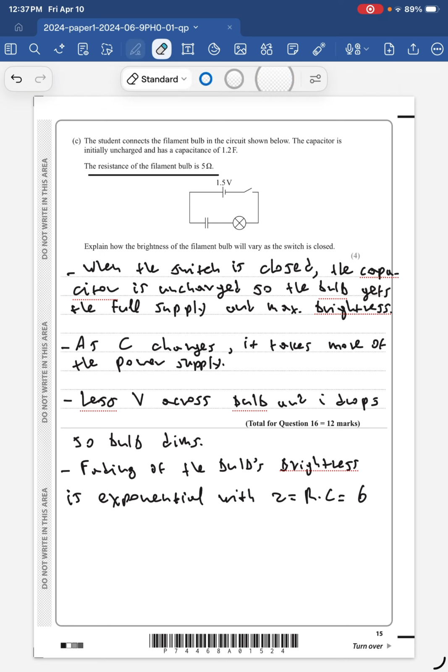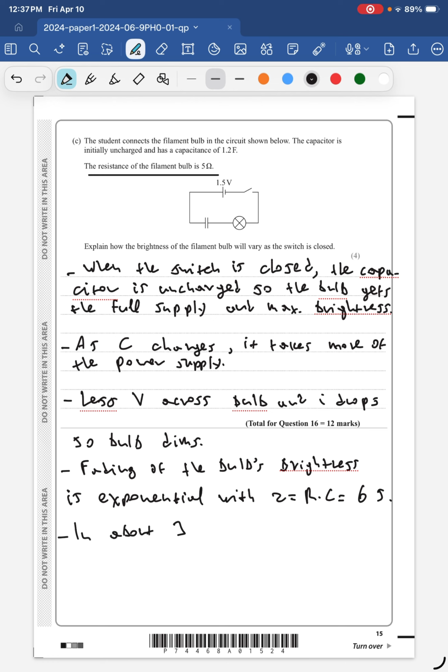So in other words, in about 3T or 18 seconds, the bulb will be off, but it will happen gradually. So you will see an exponential decay of the brightness from maximum to 0. So this is what's going to happen.